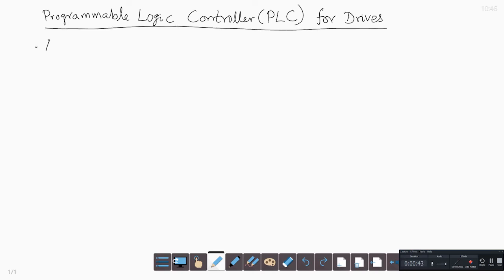We will discuss programmable logic control, PLC, for drives. A programmable logic controller, PLC, is a key component for industrial automation.